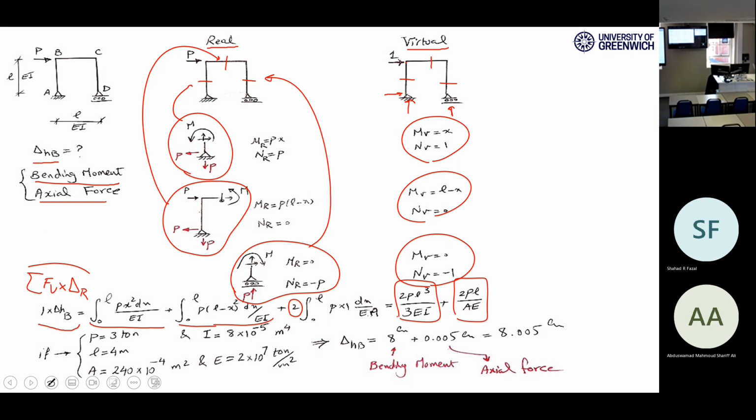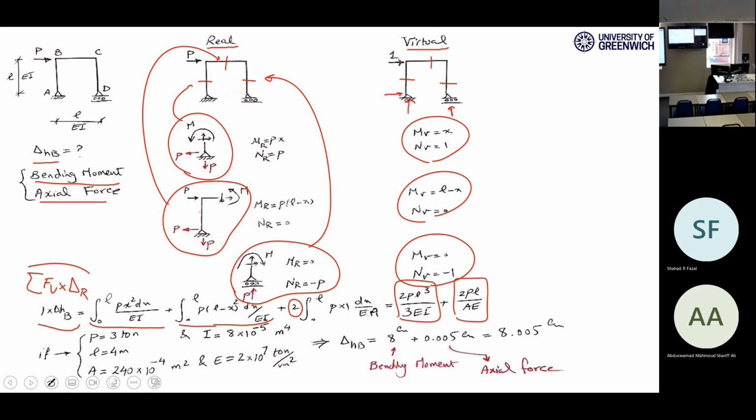And for the integration of axial force, you will come up with 2PL over AE. This is exactly what you will have in your coursework. You will come up finally with some term with EI in it, which represents the bending moment, and some term which has AE, which represents the axial force contribution here. But in your coursework, you don't need axial force contribution, you need shear force contribution. Just the integrations are different.